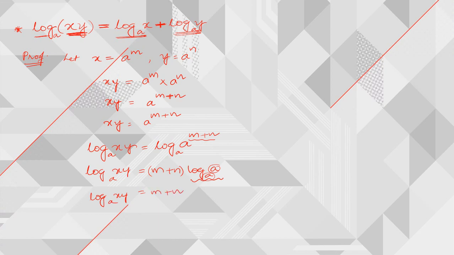But since x is equal to a power m, from the definition of logarithm I can write m is equal to log x to the base a. In the same way, y is equal to a power n, so I can write n is equal to log y to the base a. Now I can replace the m and n values. So m is log x to the base a and n is log y to the base a.